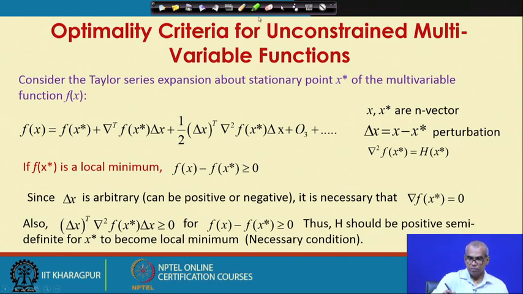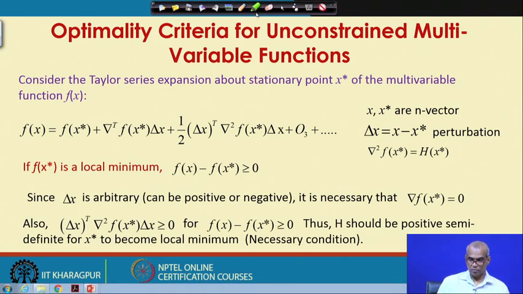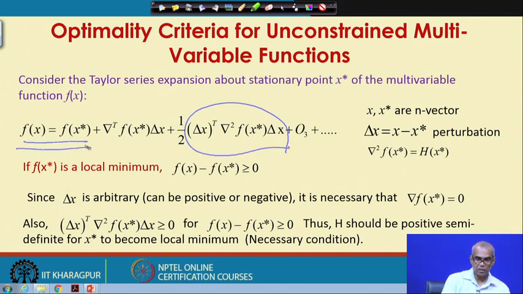Also note that this term must be greater or equal to 0, so that f(x) minus f(x*) is greater or equal to 0. So, this is the Hessian.